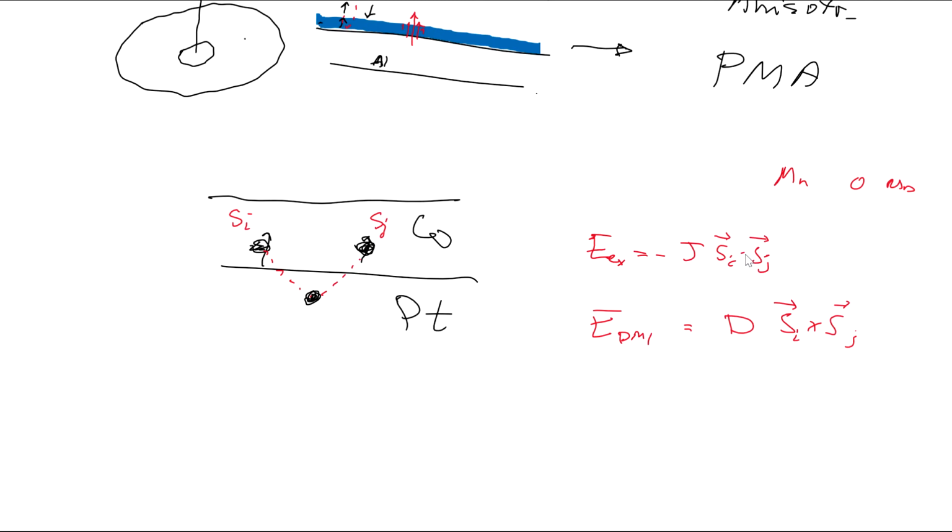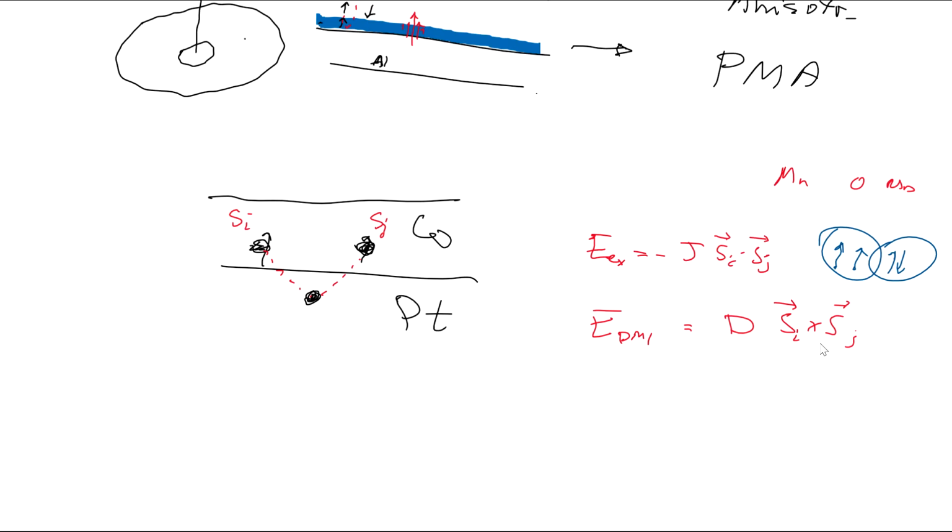Dot product is 0. So let me use different colors. So for this one, we prefer either aligned or antiferromagnetically aligned magnetization states, because dot product has maximum when vectors are parallel or antiparallel. Dot product is 0 when they're perpendicular.